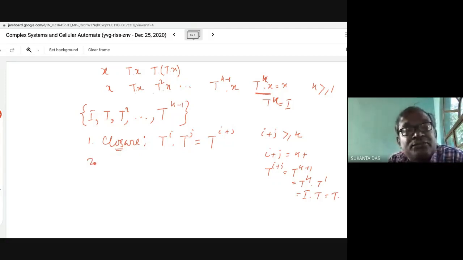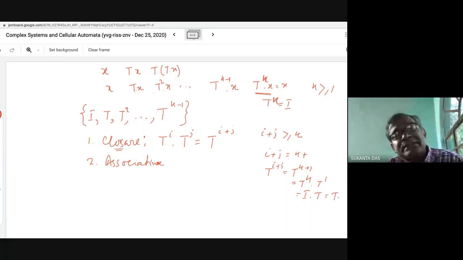Secondly is associativity. We know matrix multiplication is always associative, so here also it follows the associativity property. What does it mean?